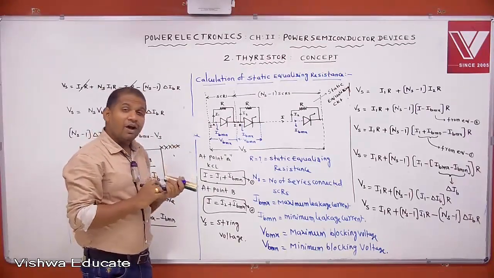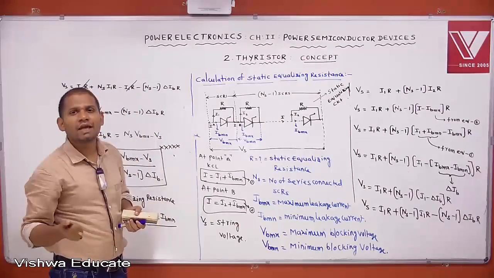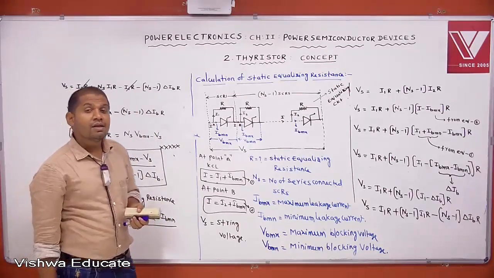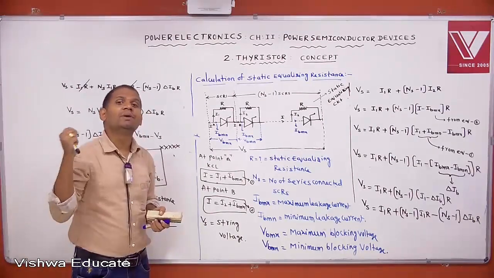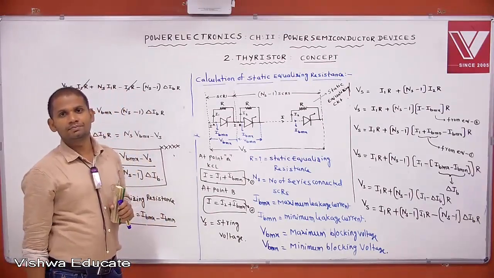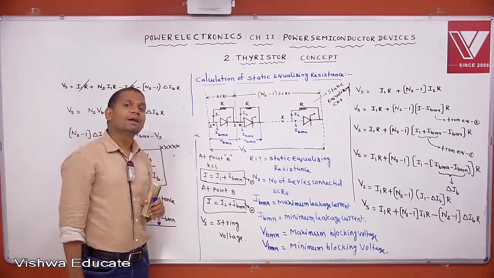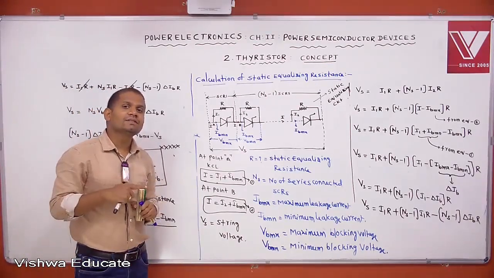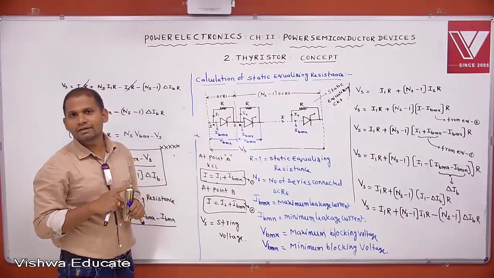Not only is there unequal voltage distribution due to unequal static VI characteristics, there is also unequal voltage distribution due to unequal dynamic characteristics. During the operation of an SCR there exist dynamic characteristics, meaning turn-on characteristics and turn-off characteristics.